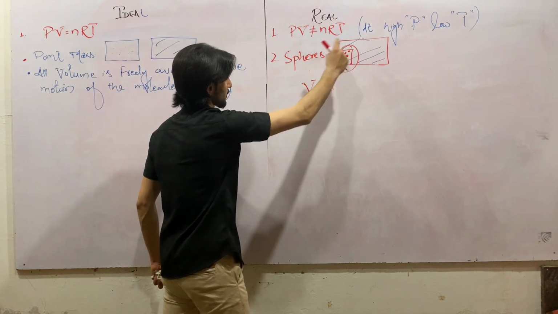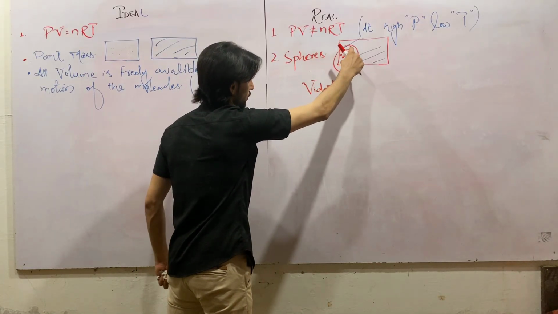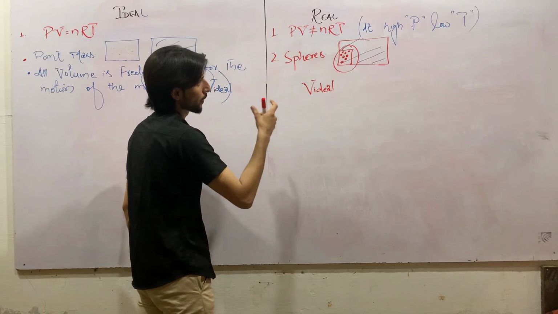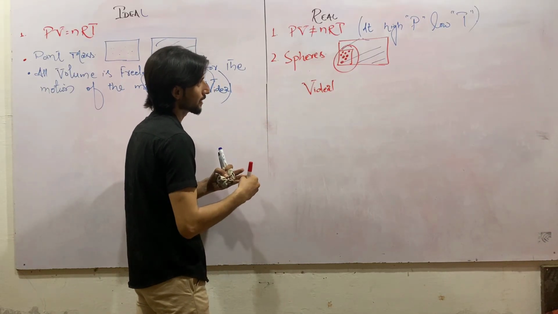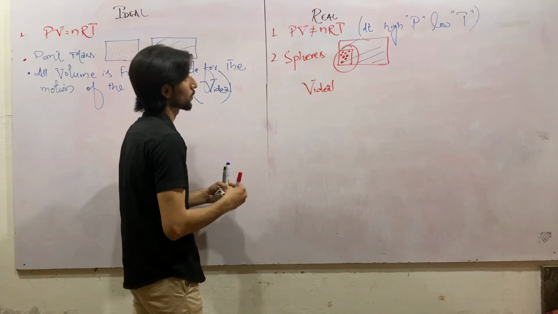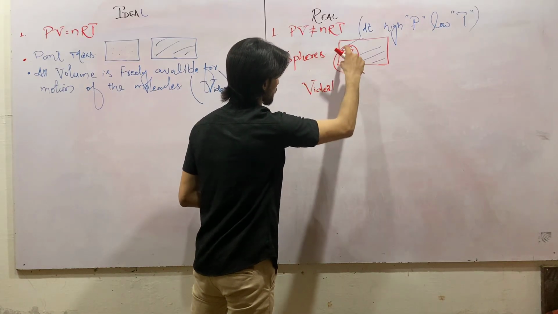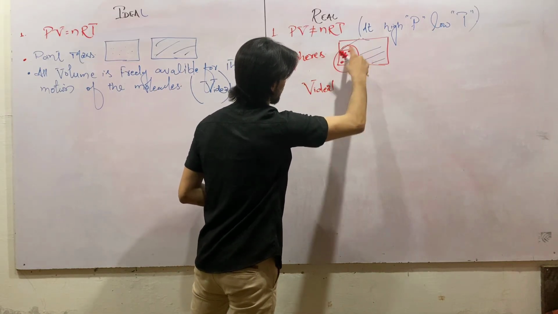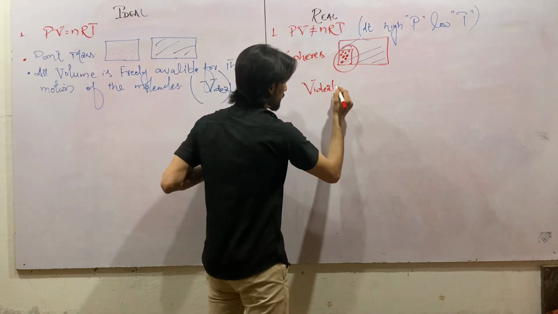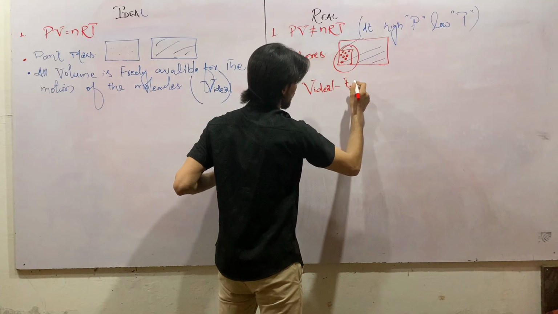Now these spheres are occupying some space, so we must exclude this volume, the volume of the molecules, to find the freely available volume for the molecules to move around. We must subtract this volume from the total volume of the gas. So this is the total volume of the gas. Suppose we have V ideal, we must subtract some term, that is the excluded volume.